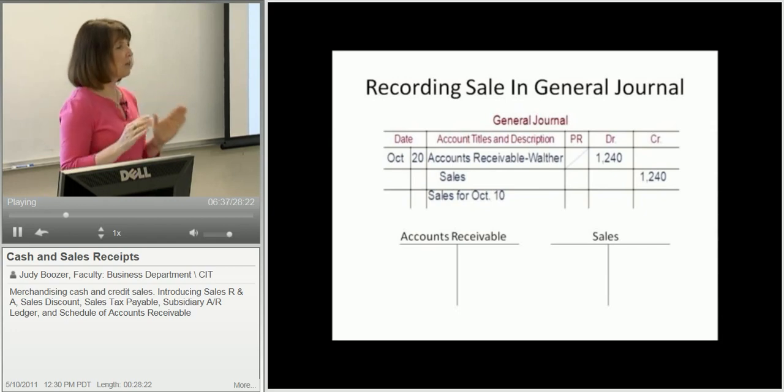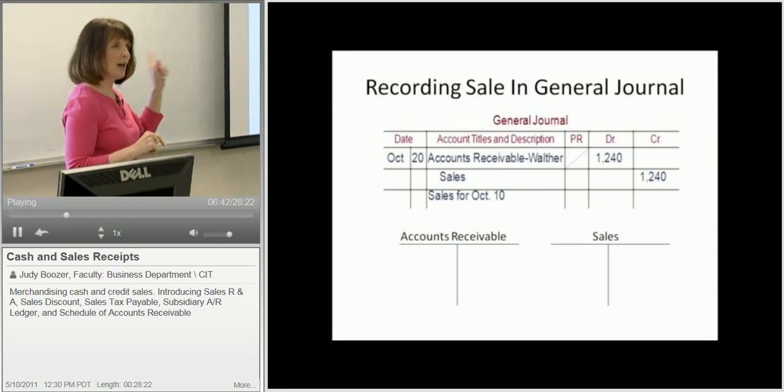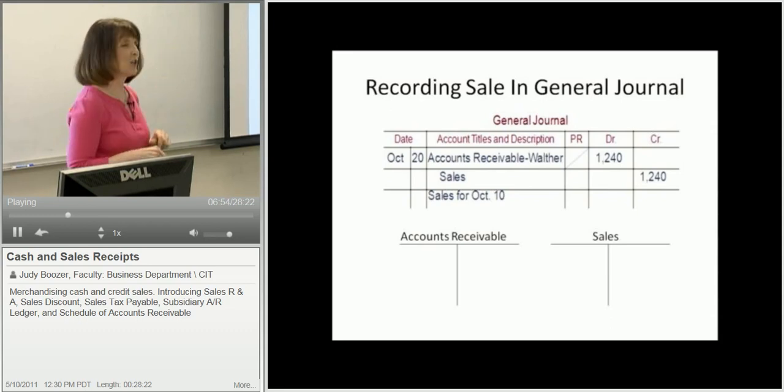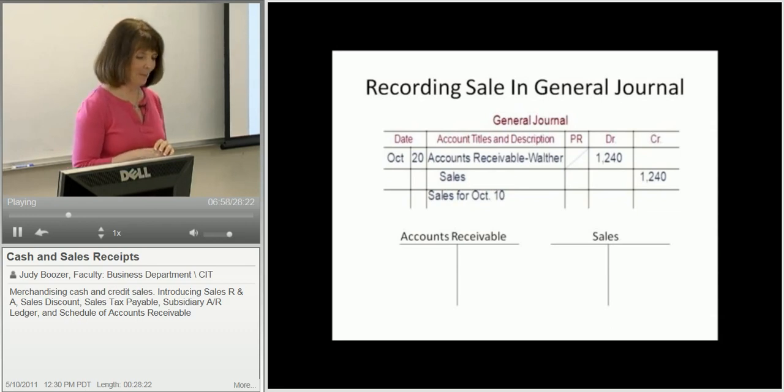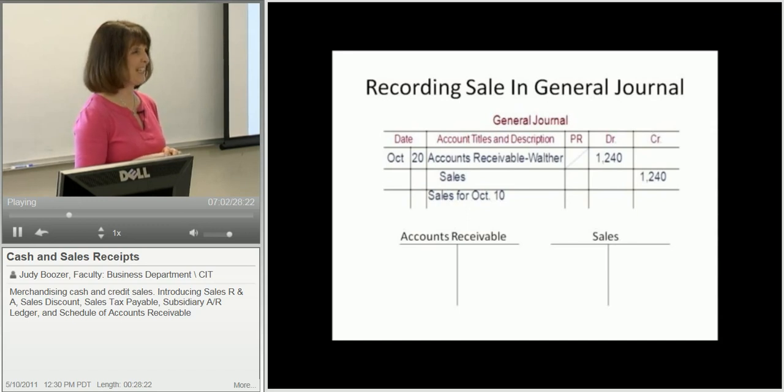That's a reminder to you that when you post, you post both to the accounts receivable account in the general ledger and to something called the accounts receivable subsidiary ledger. And that's where you'll find this customer's name. So let's talk for a minute then about accounts receivable subsidiary ledger. What is that?